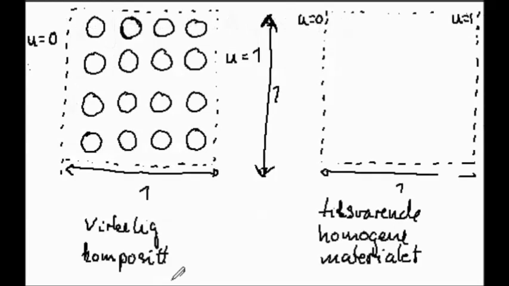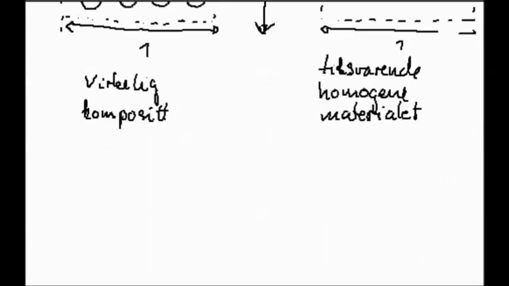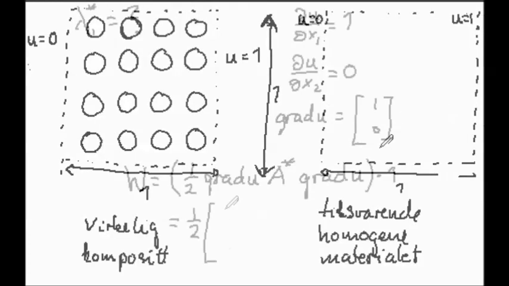For example, the problem on the left side should have equal thermal energy as the corresponding homogeneous material on the right side, using the same boundary conditions in both problems. So these boundary conditions can be used to determine the effective parameter lambda 1 star.